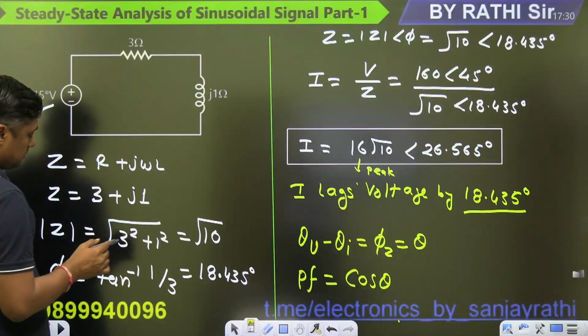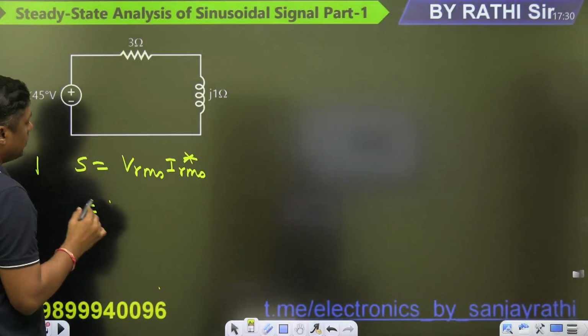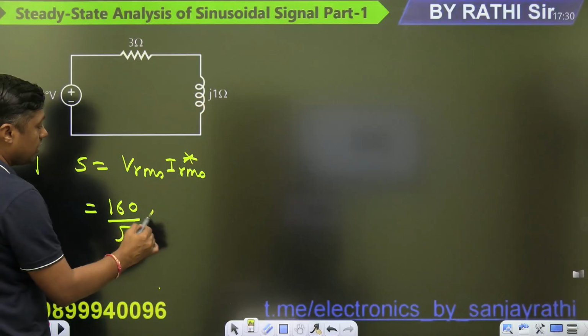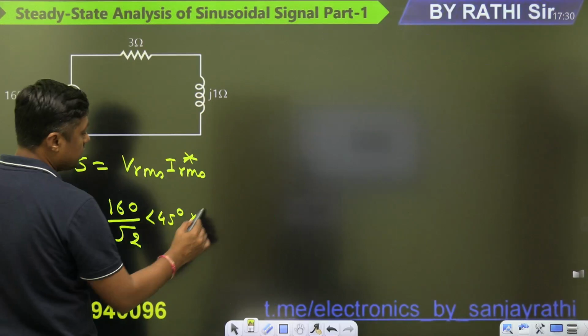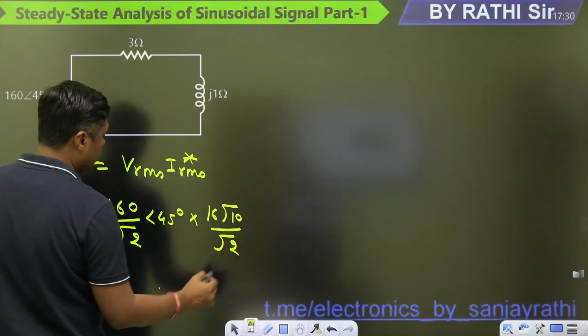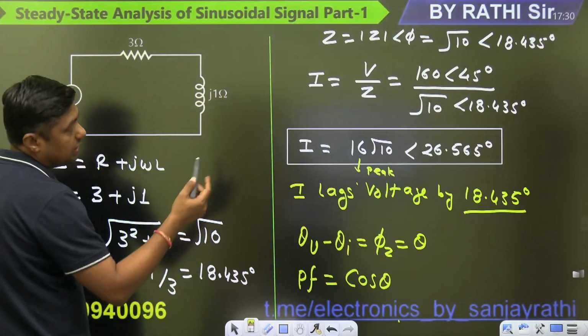Then it will become 160 angle 45 divided by root 2, this is the RMS value, into 16 root 10 divided by root 2, angle of 26.565 with a complex conjugate, meaning the angle will become negative.